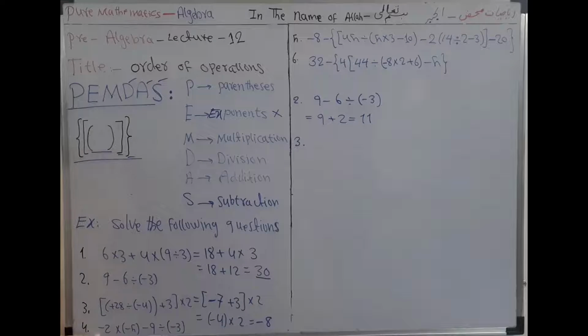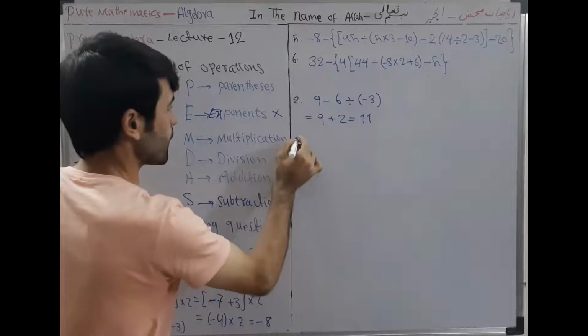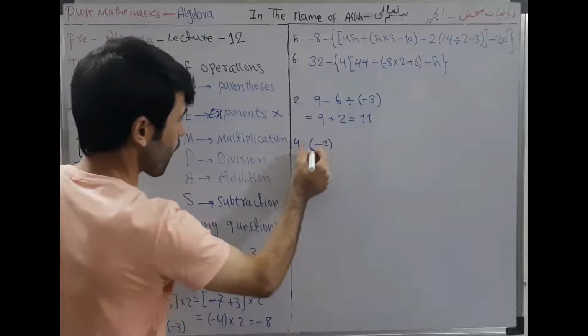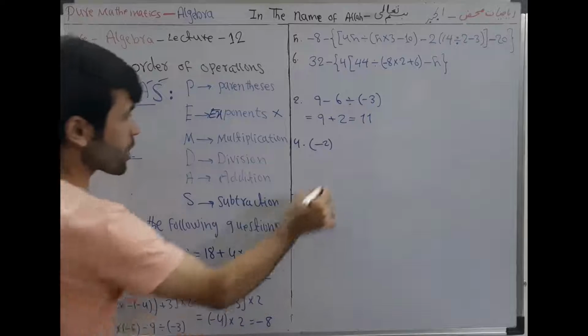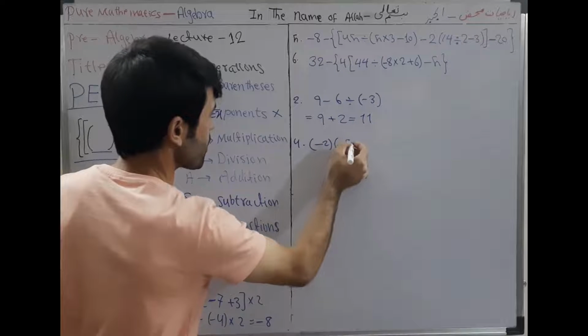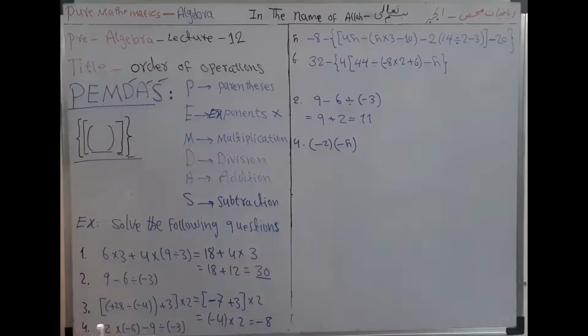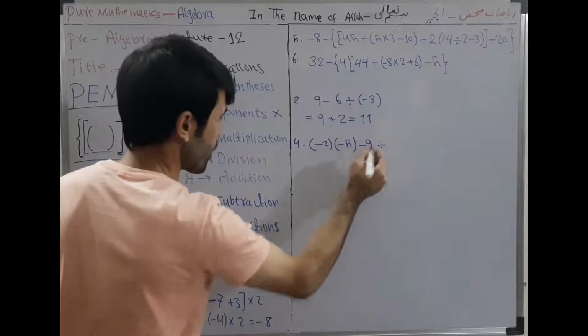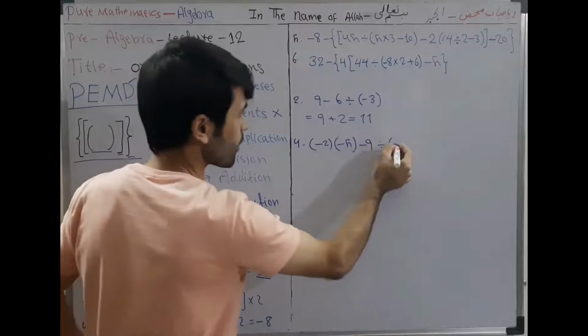Number 4. Minus 2 multiplied by minus 5; we can also write multiplied by minus 5 like this. It is also correct. Minus 9 divided by minus 3.